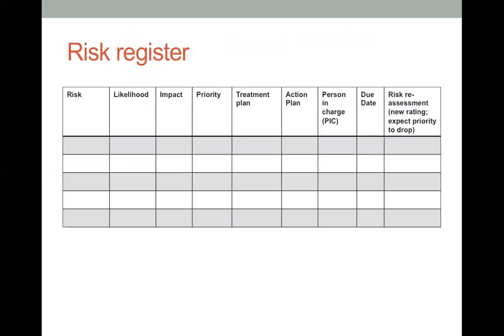Now look, this is a risk register table. Now we have to develop one actually, and this is a risk register table in the generic term. You can refer to your own risk register table on the template.